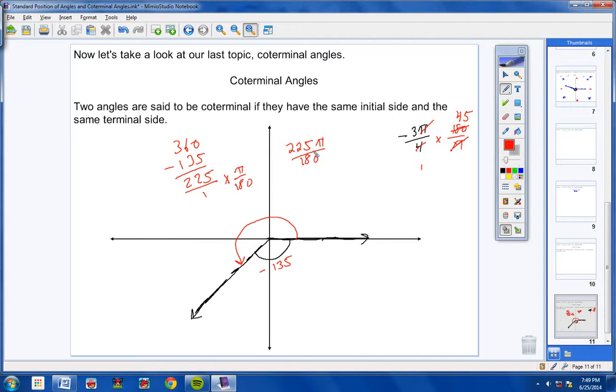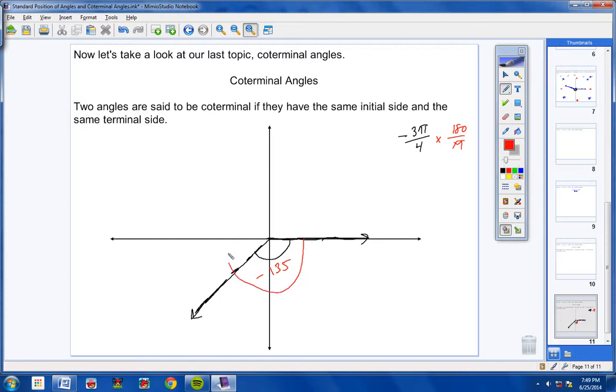And then let's find the negative coterminal angle. All right, so the negative coterminal angle would start right here, and we would have again negative 135, and the negative coterminal angle would start here. It would rotate around 360 plus 135 more, so 360 plus 135 would be 495 negative, and then convert that back to radians because your original problem was in radians.